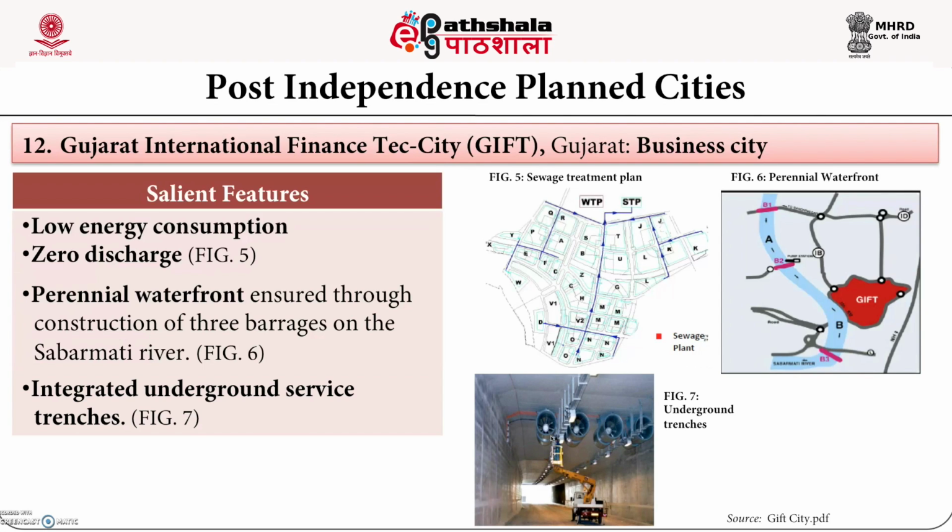There's an integrated underground service trench where these underground utilities are used for both liquid as well as solid wastes. So it is for the first time that these integrated underground service trenches have been applied in our country, for this city.